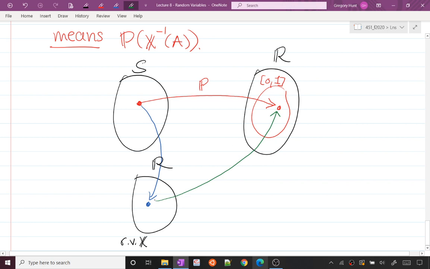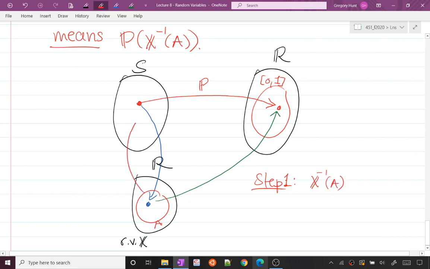How do we do it? We go backwards. We go through the sample space to R. So first, step 1. If I have some set A over here, and I'd like to say, what's the probability that x ends up in A? First, I'm going to look at x inverse of A.